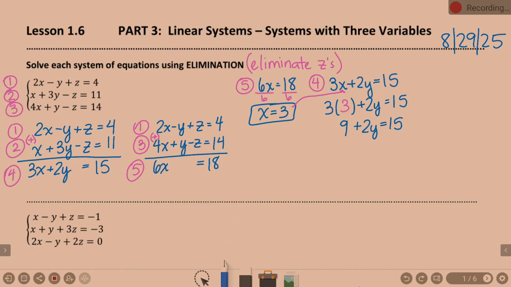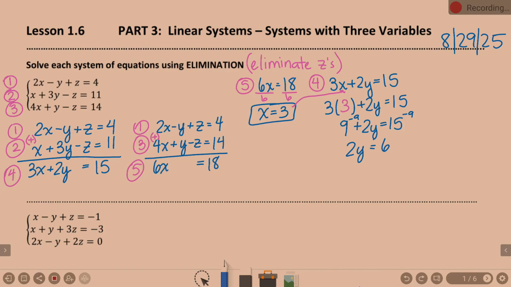If I'm trying to solve and get y by itself, we're going to what? Subtract 9. 2y equals 15 minus 9 is positive 6.